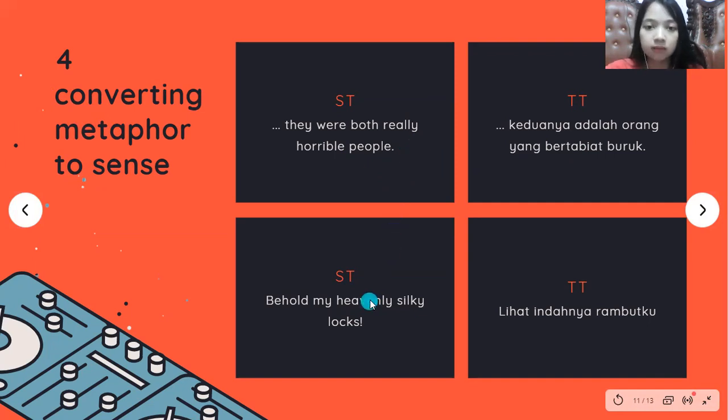And the second example showing the strategy of converting metaphor to sense is in the poem, "Behold my heavenly silky locks." It is translated into "Lihat indahnya rambutku." The expression heavenly and silky is translated into a descriptive one, into the sense, indahnya.